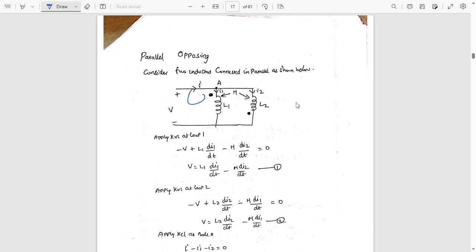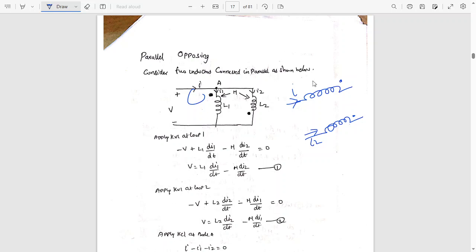For example, if I have an inductor like this, there is a current flowing through it, and there is some other inductor placed somewhere with another current flowing through that. If I consider the voltage across this particular inductor, there will be a self-induced voltage.